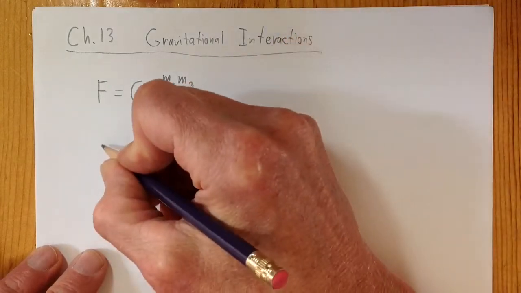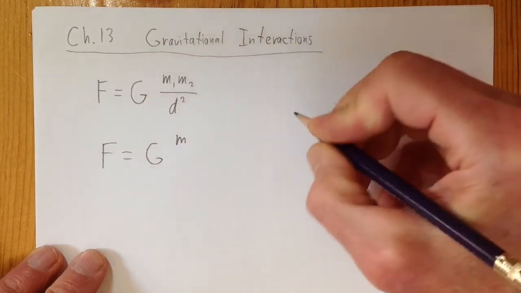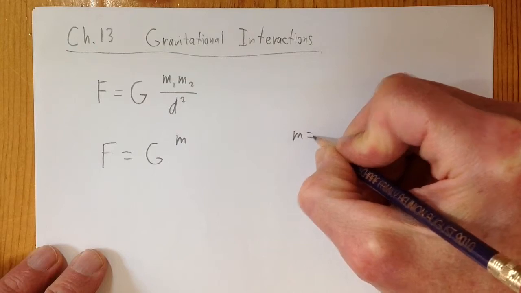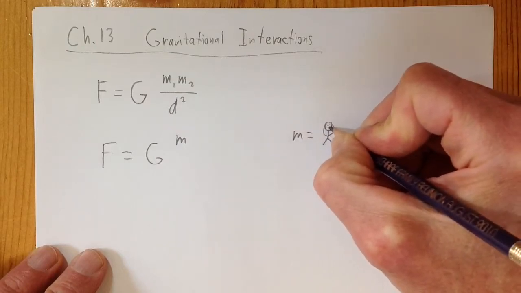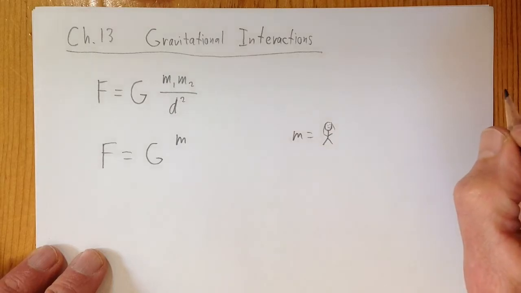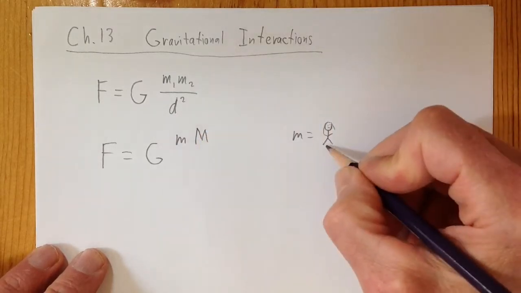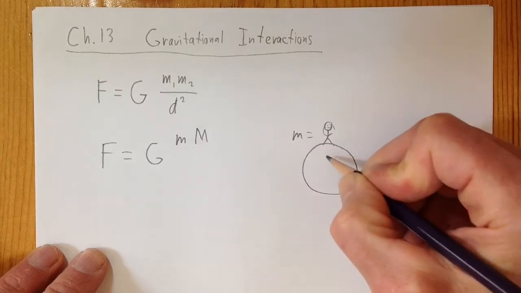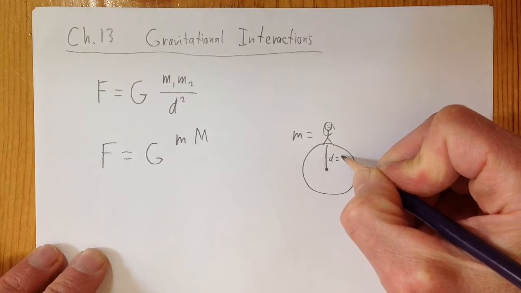In that case, F is equal to G m M, where maybe m is you, so here you are. Okay, so there's you, and then big M is the mass of the planet. So you're standing on a big planet, and then the distance would be the radius of the planet.